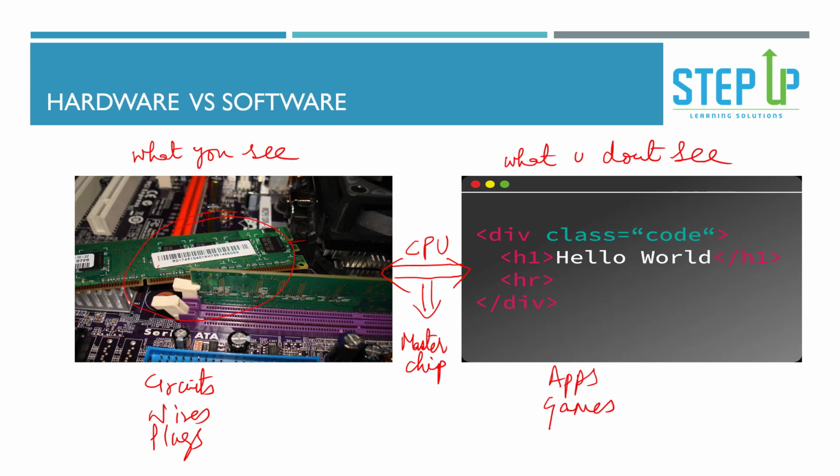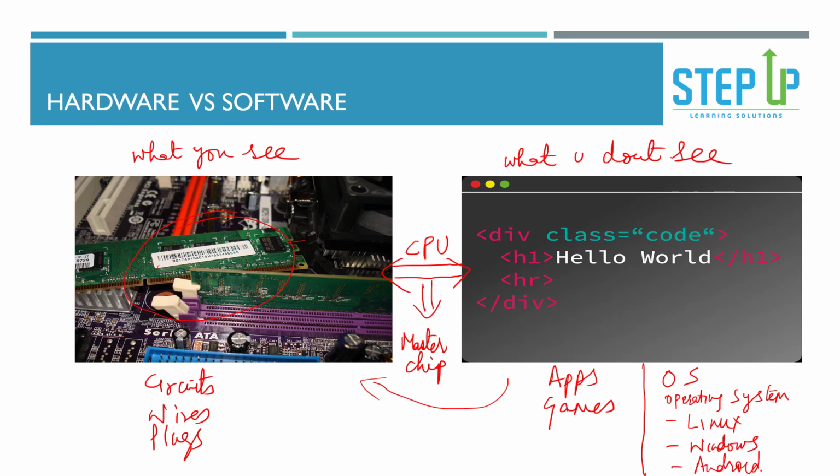So your software controls your hardware, and this is something very, very basic, but I thought I'll mention this. Also, you may have heard things like OS, which is called operating system. So different types of operating system you must have seen, Windows, Android. So these are different types of operating system.